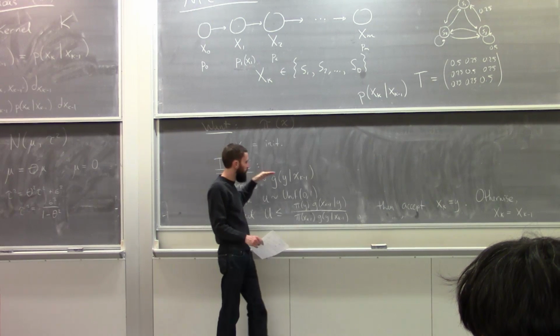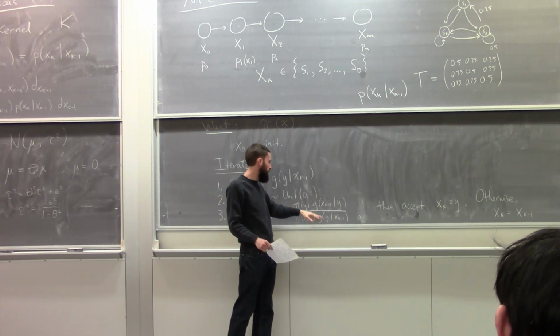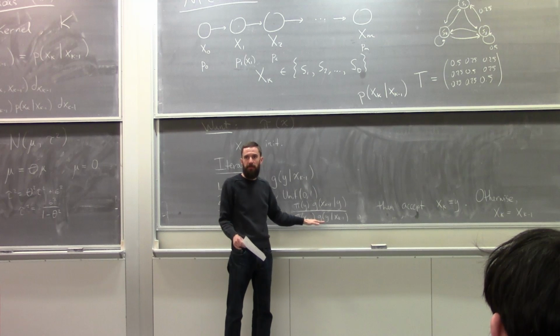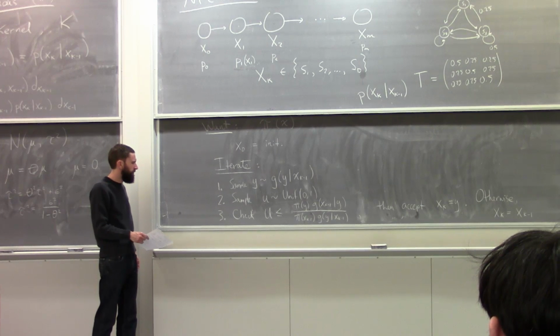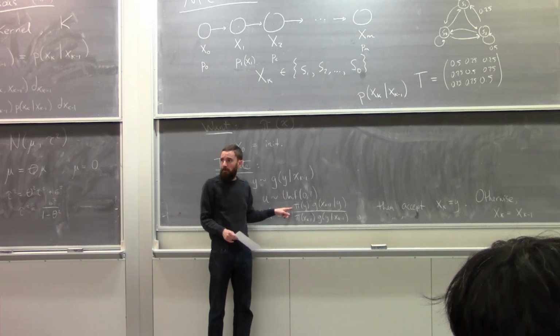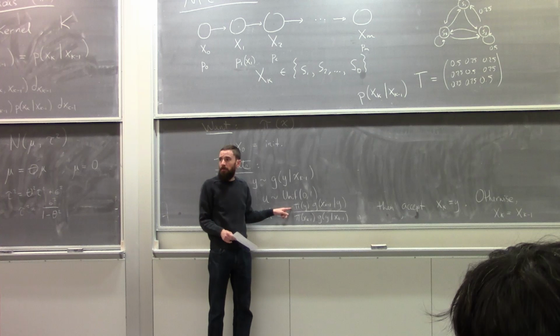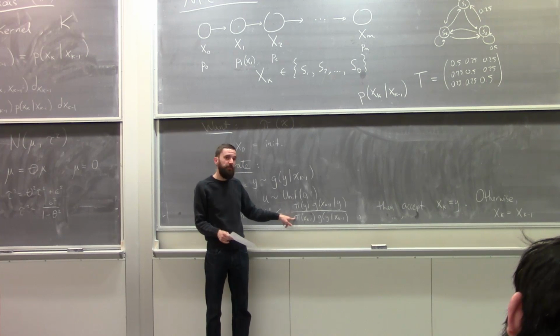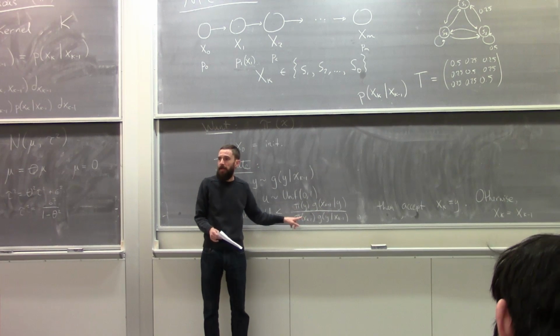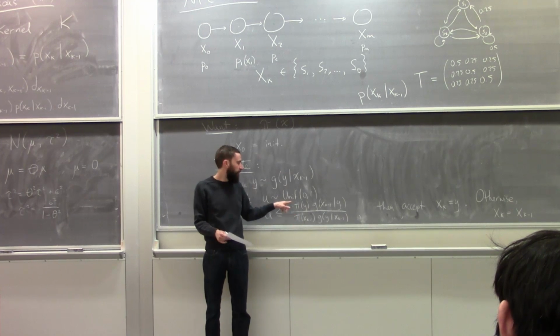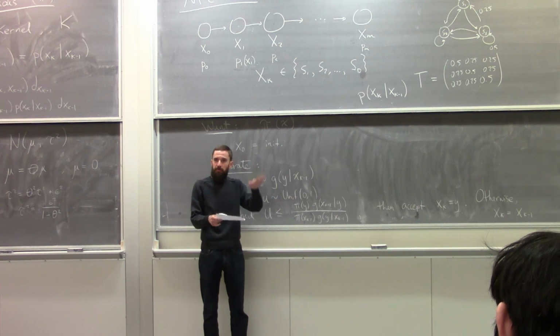If the denominator is larger, then you have a lower chance of accepting. So if the denominator is large, I'm going to reject more. Think of the probability of accepting: if the denominator is large relative to the numerator, the probability of accepting is lower.